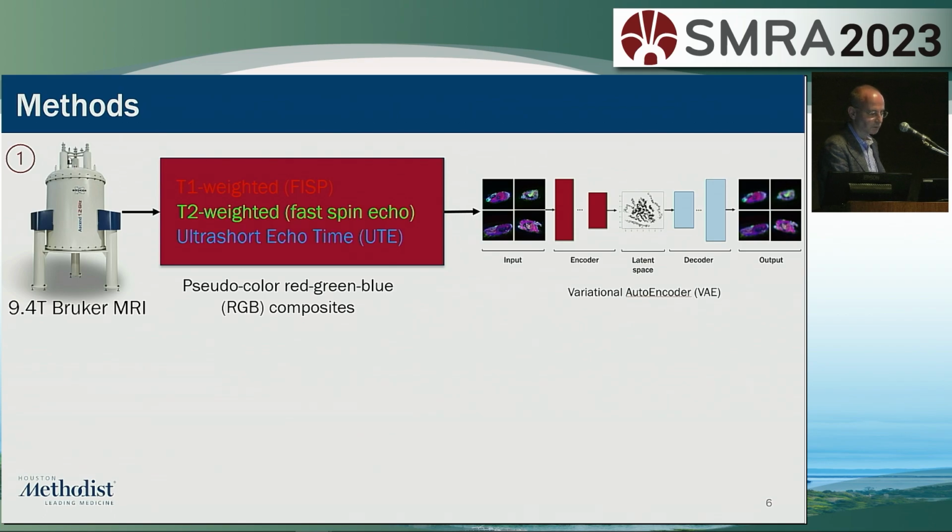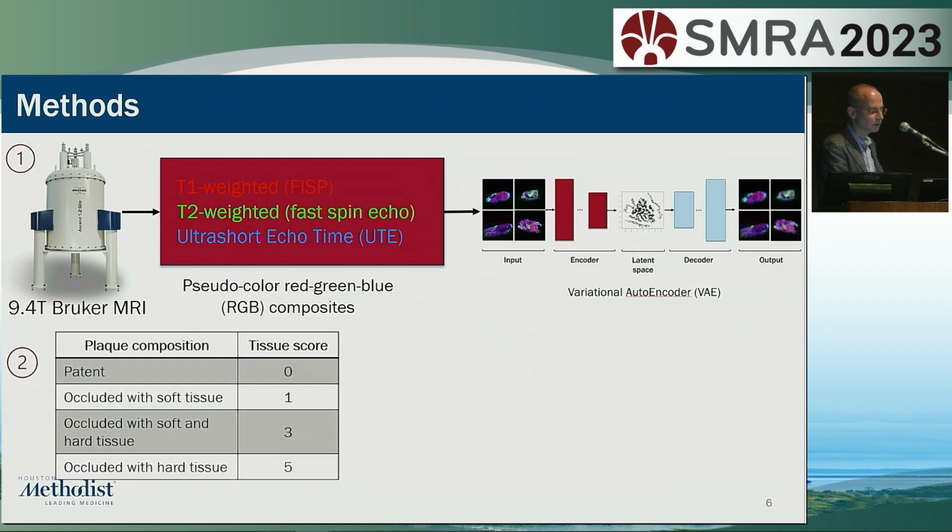So once you are confident, and this is checking the output versus the input, how well the algorithm functions or works, then you can go to the latent space and try to see if you can do some classification. So in other words, you look at the areas in the latent space and you classify them by, in this particular case, for this particular application, patent, occluded with soft tissue, occluded with soft and hard tissue, and occluded with hard tissue. And we all like scores, so we put a numerical score to that.